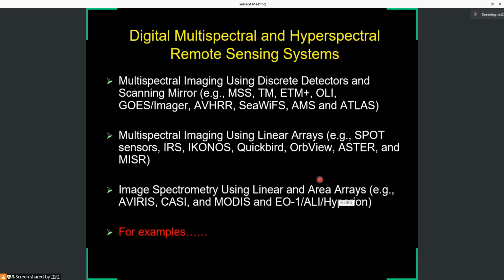Next, we will introduce some multispectral and hyperspectral remote sensing systems. For multispectral, we use a lot of multispectral images, such as the Landsat series.